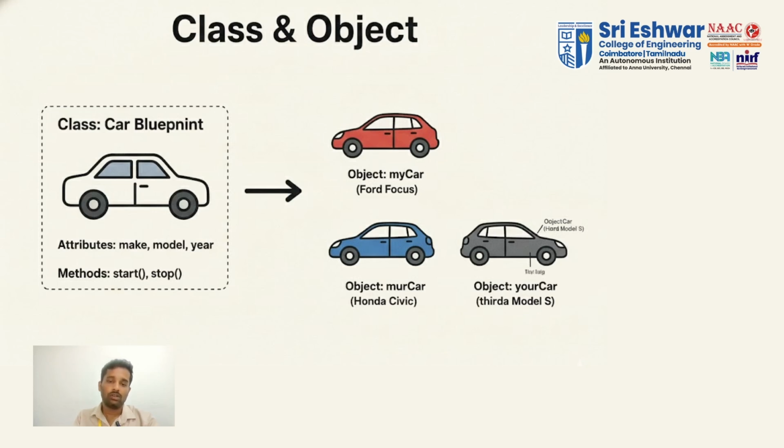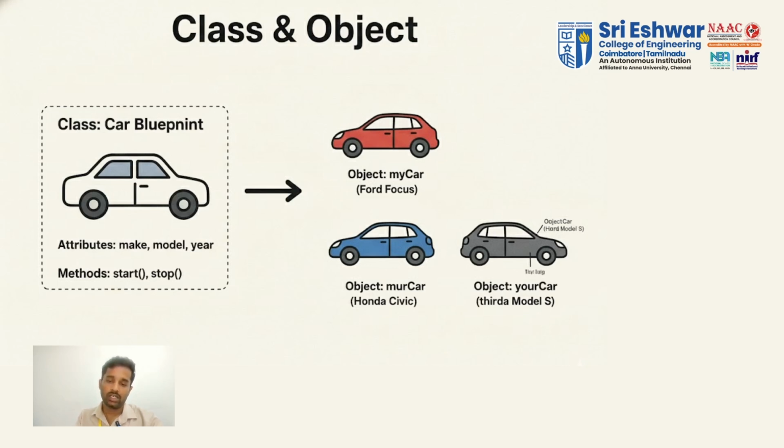So I can have my own car which is different from yours, right? So the objects are unique, which refer to the classes. Each object has some unique properties. If I call my car, it returns Ford Focus. If I call my car, it returns Honda Civic, right?